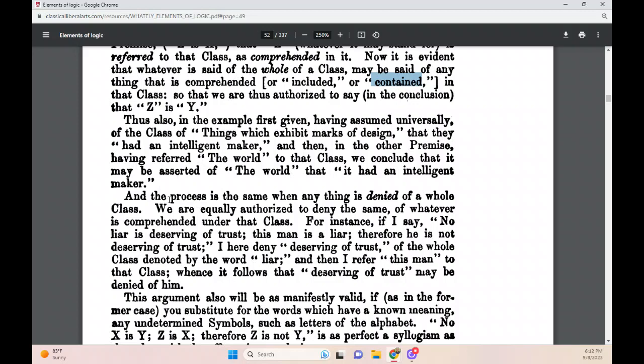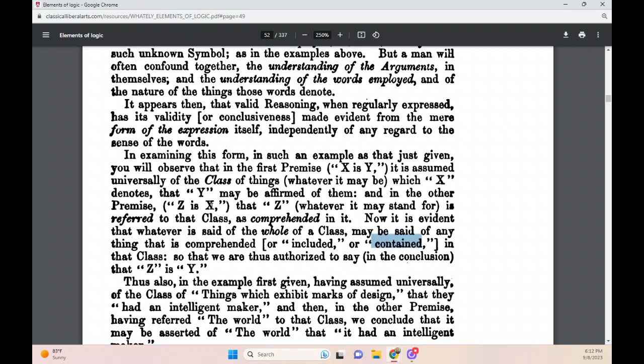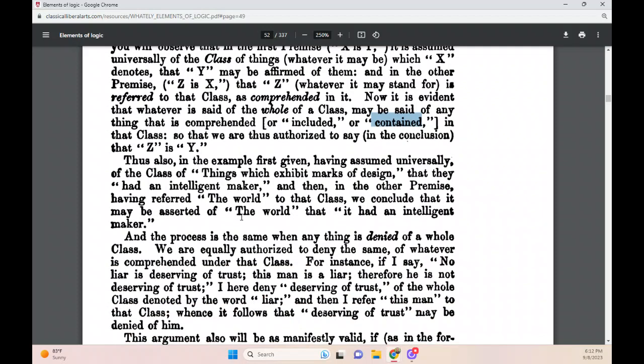And the process is the same when anything is denied of a whole class. So the first formula we have was given up here. The first formula we have was X is Y, or all X is Y, Z is X, therefore all Z is Y. That's the first form of a valid argument.